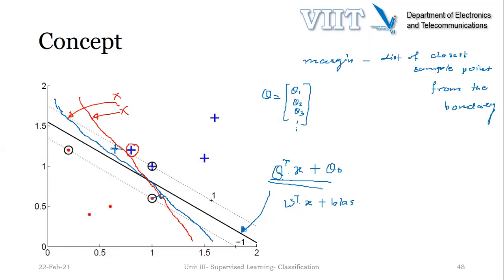The closest sample points are at a sufficient margin from the given classification line. To have this, you have to introduce a proper margin, and we do that by finding the distance. So what is the condition? The projection of any closest sample. Try to understand. Projection. How do I find out the projection?